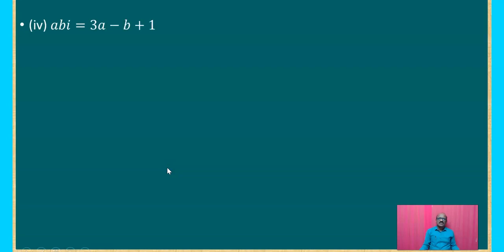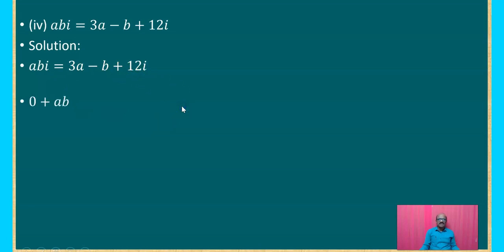Next is abi is equals to 3a minus b plus 12i. Again the simplification, abi is equals to 3a minus b plus 12i. Equating again the real part and imaginary part. From the left hand side there is no real part, therefore we treat it as 0. 0 plus abi is equals to 3a minus b plus 12i.